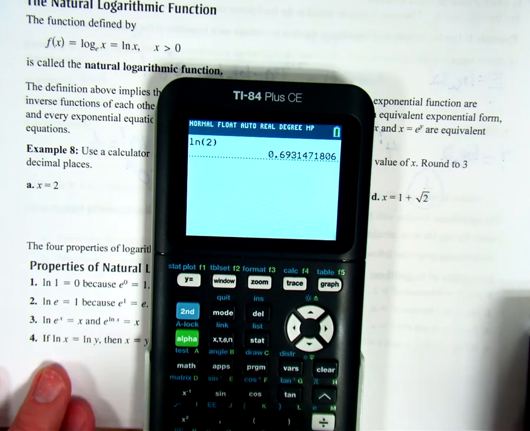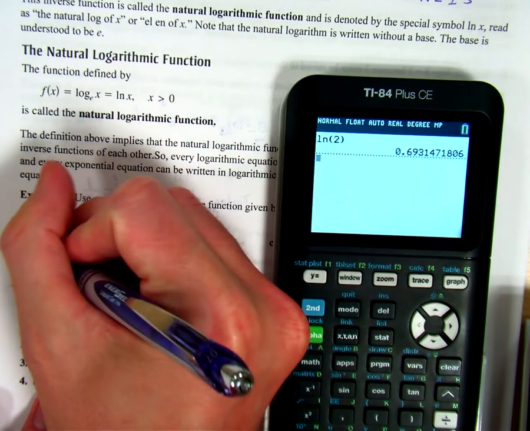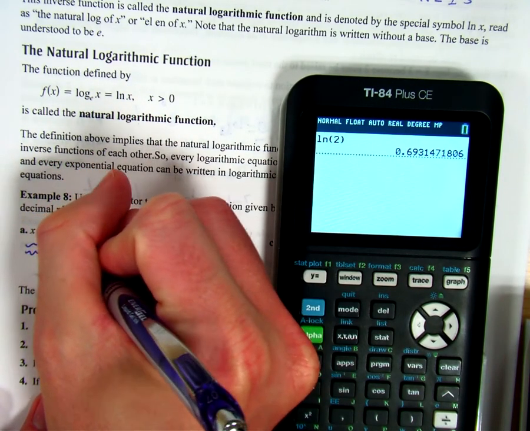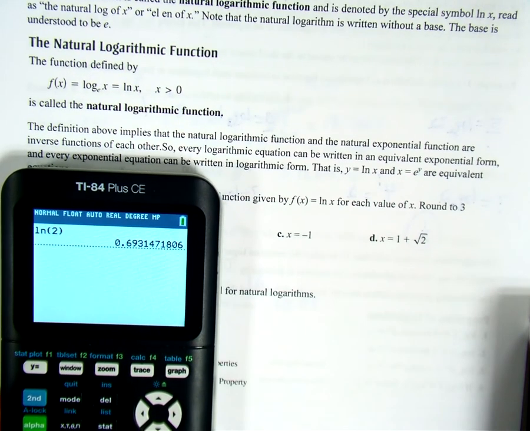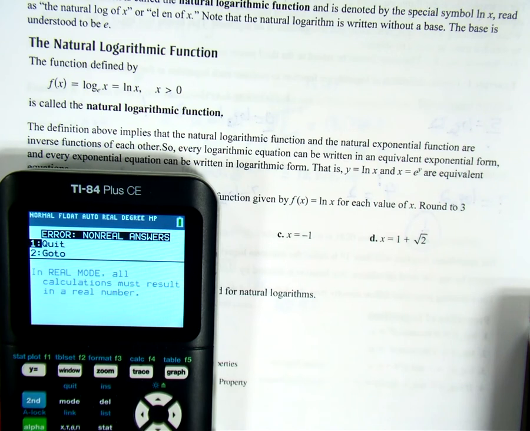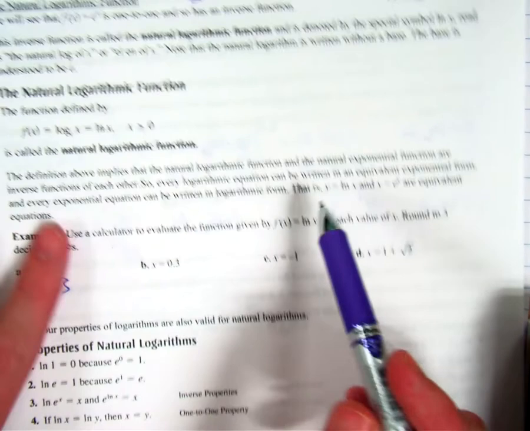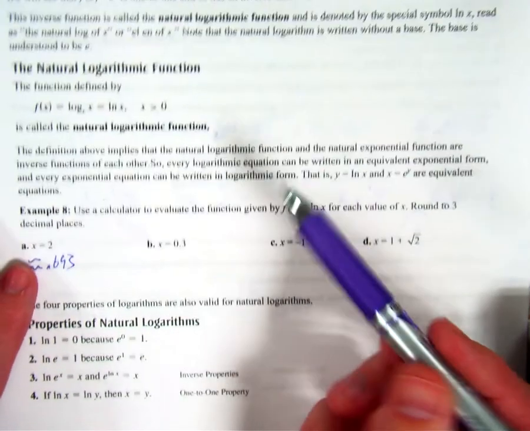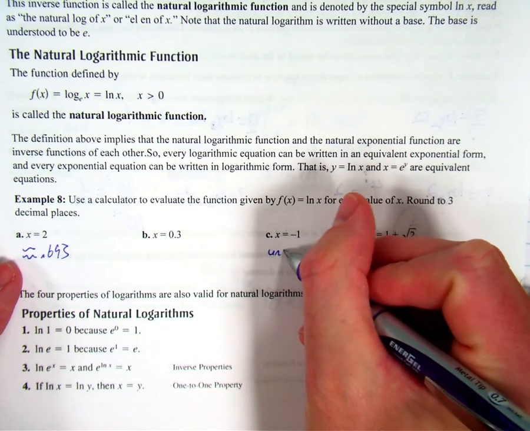We have 0.693. Okay, let's do this one over here. Natural log of -1. Error. Non-real answers, okay? Because we need our x's to be greater than 0. So this is undefined.